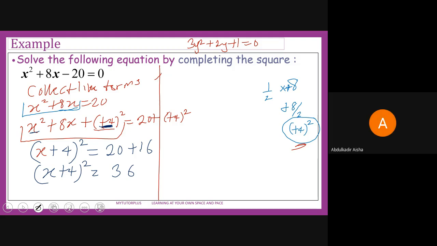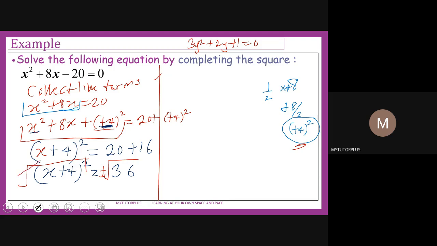Now, I think we have done equations with irrational roots before, at the beginning of this topic. If you check your notes, we did something on how to solve questions like this. So we'll take the square root of both sides. The square and square root cancel each other.